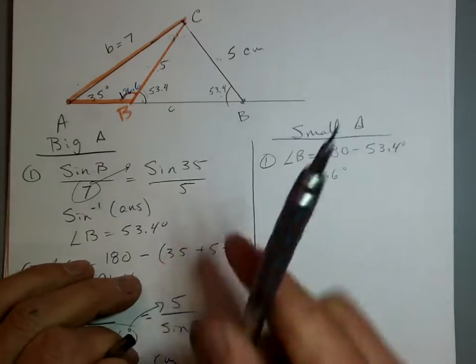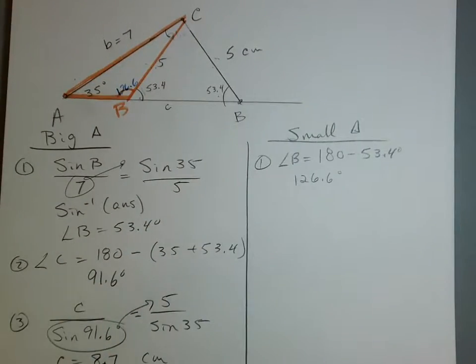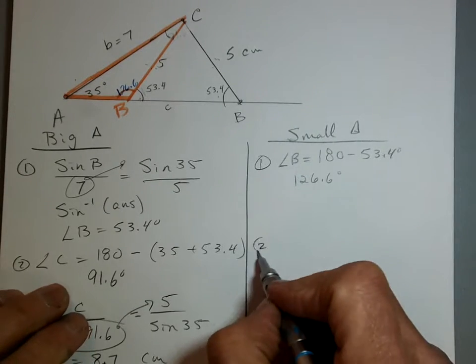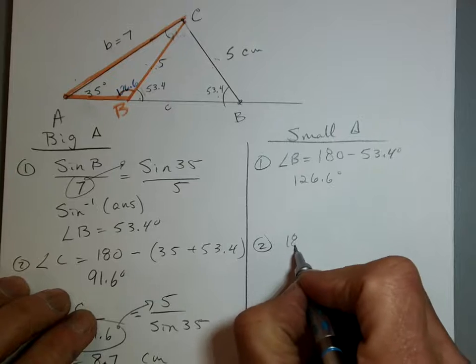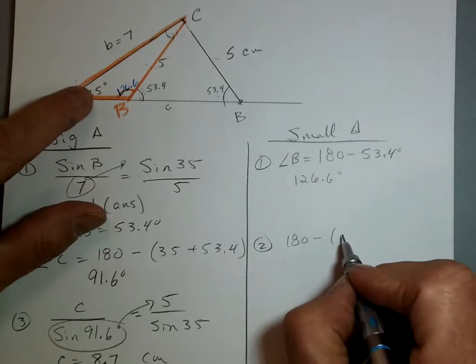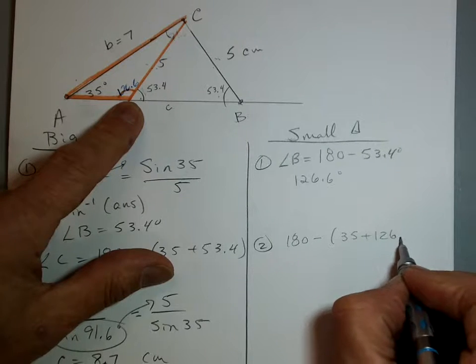It was for the big triangle, but now angle C is this smaller angle. So I'm going to do the same process. The second step is the exact same process here except with different angles. Still going to be 180, but minus this time 35 plus the 126.6 degrees.